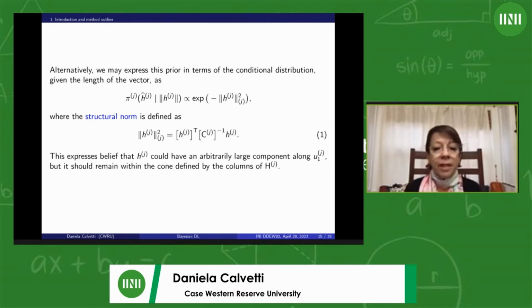This expresses the belief that the Hj that we're looking for, that segment of the vector H, could have a component which is arbitrarily large along the principal direction determined by the columns of H, which is along the vector u1, but it should also remain angularly and probabilistically within the cone which is defined by the columns of Hj. So we're giving a directional prior here.